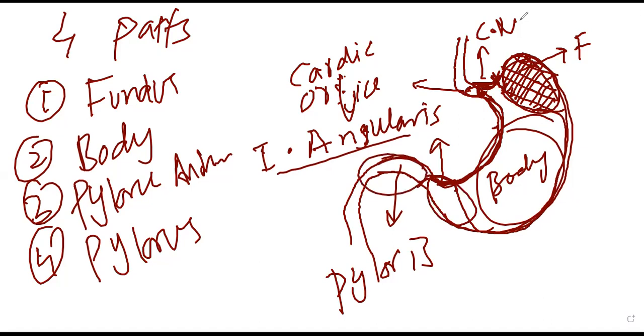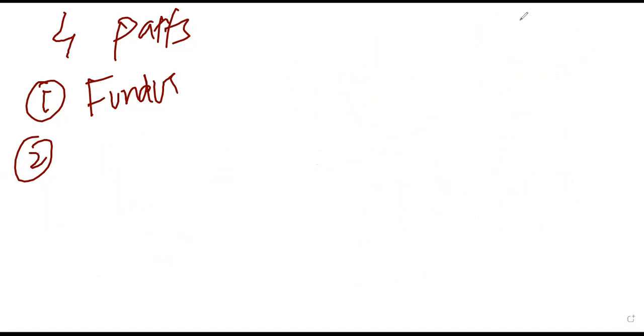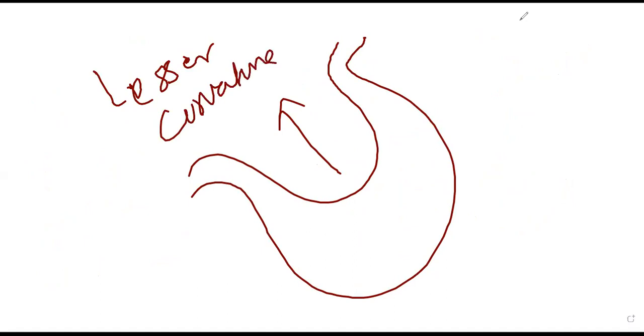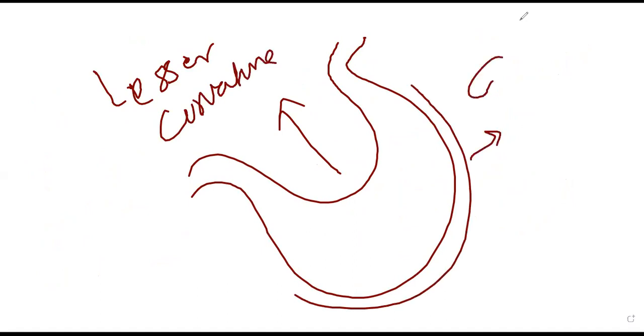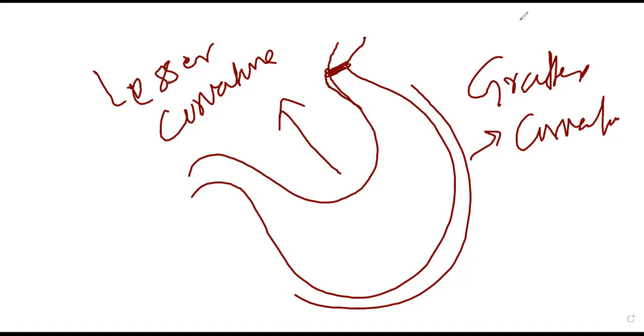Okay, now come to the curvature of the stomach. The stomach consists of 2 curvatures. This one is the lesser curvature. And this is the greater curvature. So the lesser curvature extends from the cardiac orifice, here the cardiac orifice is present, to the pylorus.